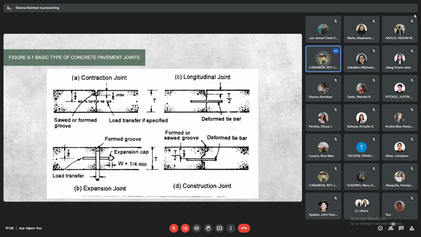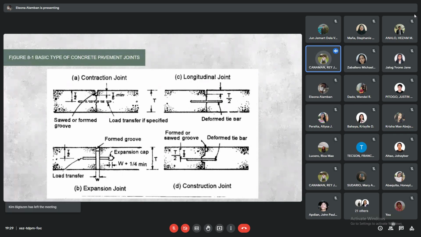Before we discuss the basic types of concrete pavement joints, let me state the purpose of dowels in concrete. Dowels are located in transverse joints of jointed plain concrete pavements, and they are used to provide load transfer between individual slabs, reduce faulting and improve performance.